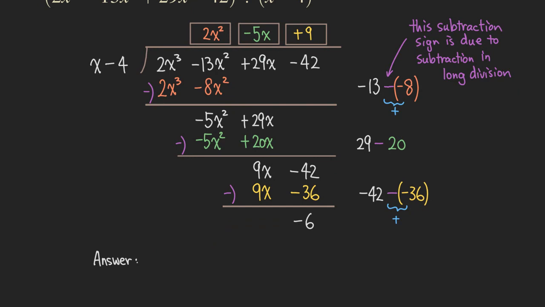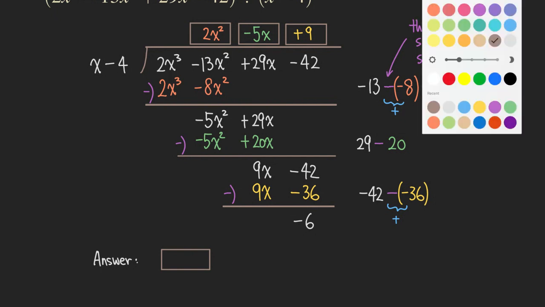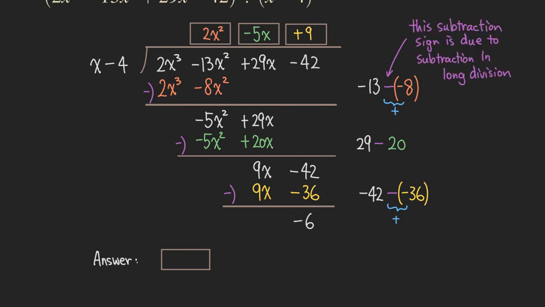Actually, I want to make a box, right? So let's do it. The format would be the quotient, which is the stuff that's up here.